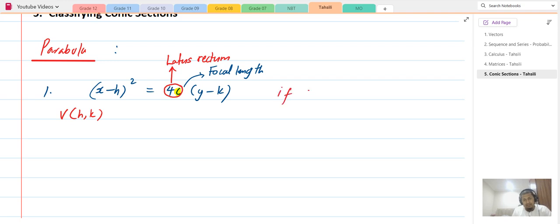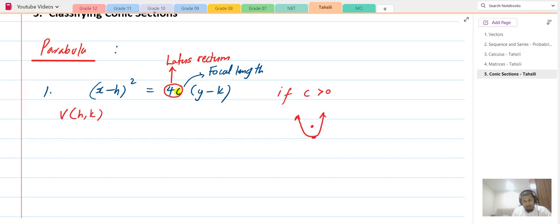Now if c is greater than 0, if c is positive, then you have something like y equals x squared, a parabola that opens upwards. Now we know the vertex is (h, k). The focus is always on the inside of the parabola.